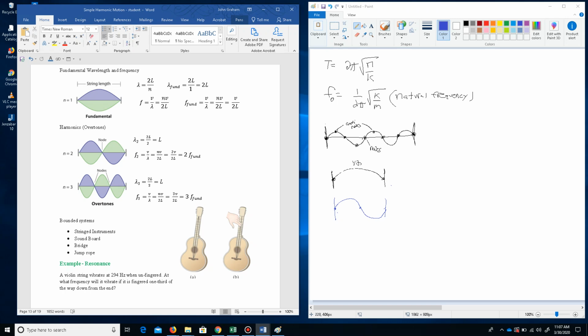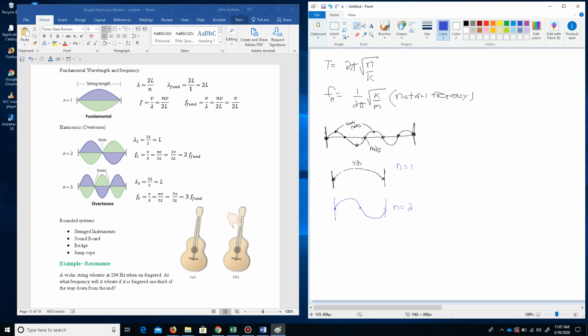The first one is the fundamental harmonic, or the first harmonic, and each one of these after is an overtone, so it'd be the second harmonic, third harmonic, and so we can name them with a letter n. So here n equals 1, this one n equals 2 for the second harmonic, and the picture we had down here is n equals 3.